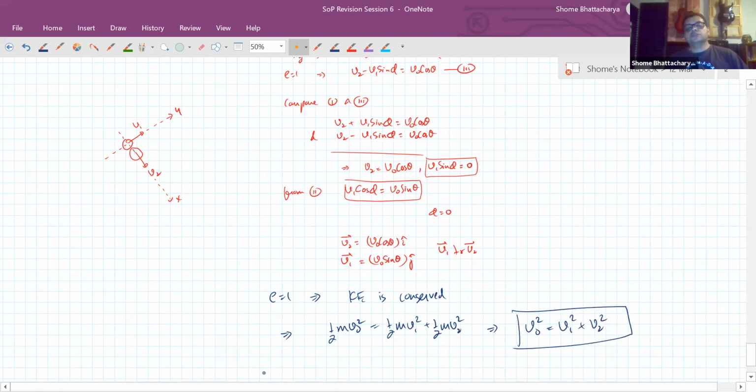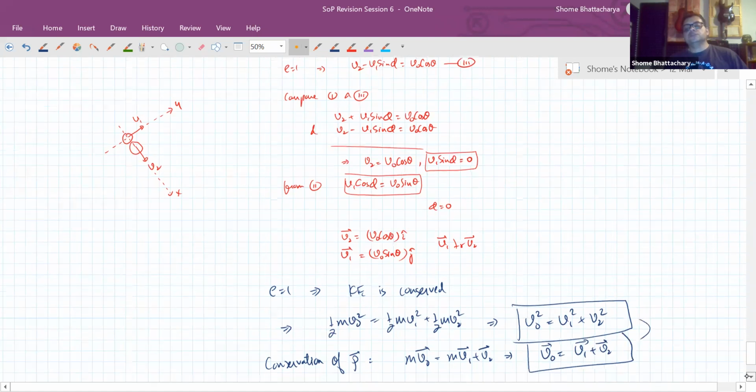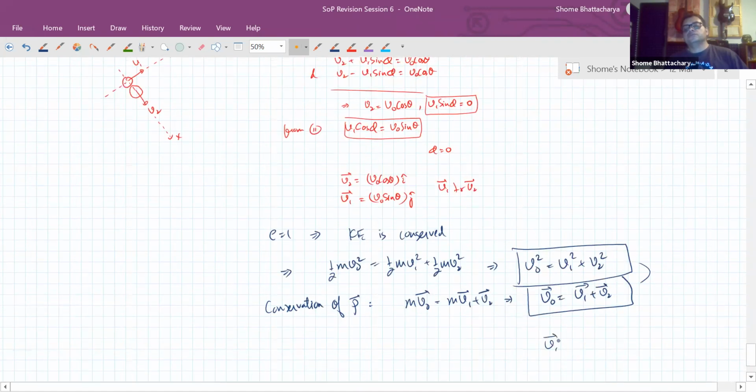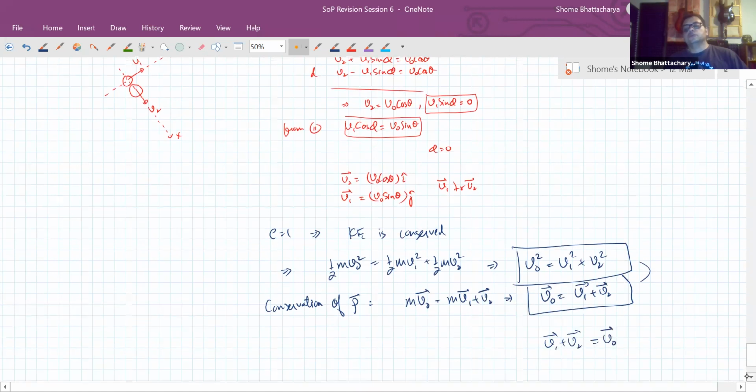And from momentum conservation for the system, we have v1 plus v2 equal to v0.